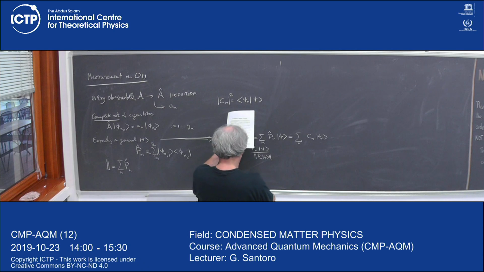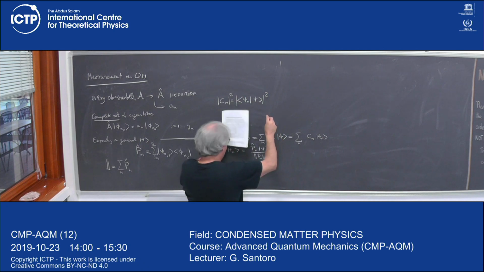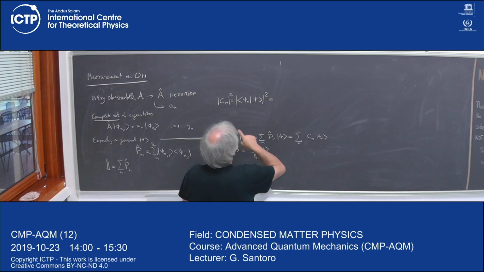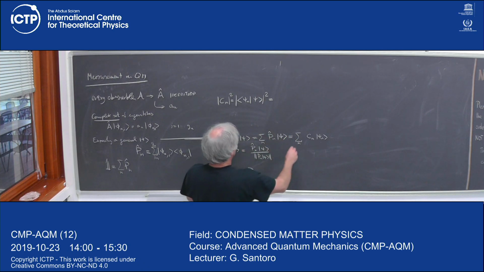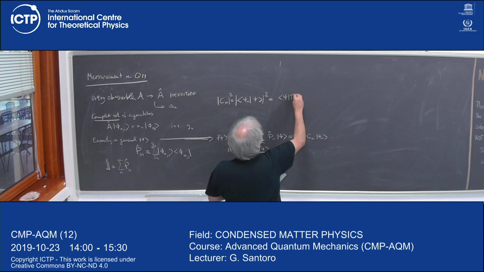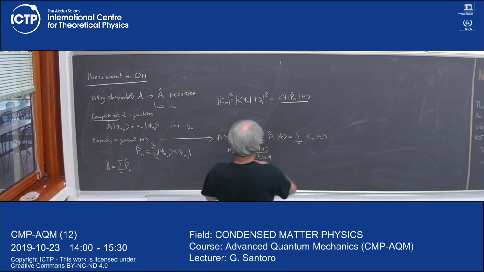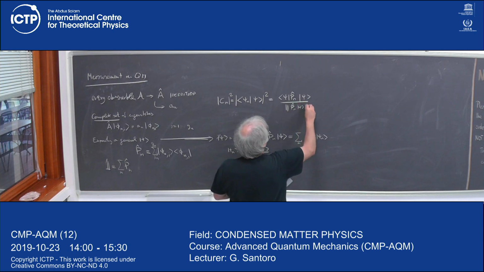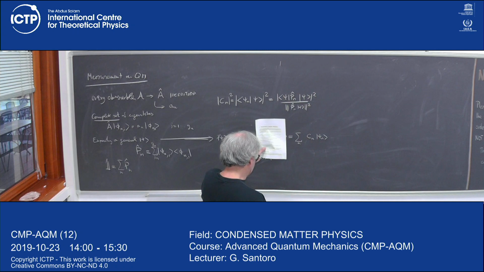So Cn modulo square is the modulo square of this, which I can write as psi Pn times psi divided by this denominator, and then I have to take the modulo square.